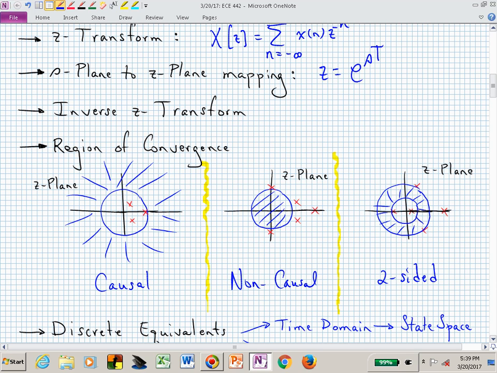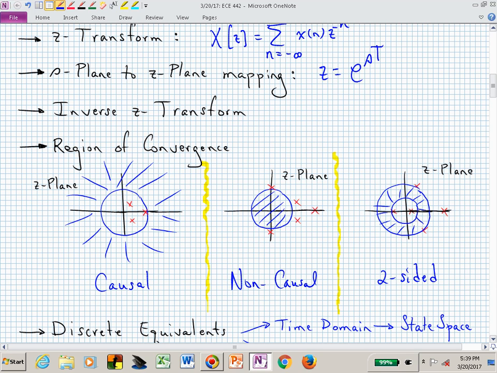Now, relative to the behavior of those sequences, can we tell anything from these diagrams if they are bounded sequences or not? We have to be told a little bit more information, don't we? We have to know, where do these poles live relative to the unit circle?